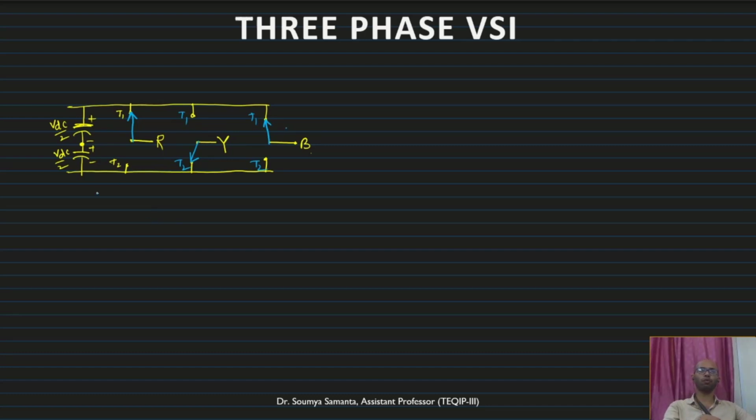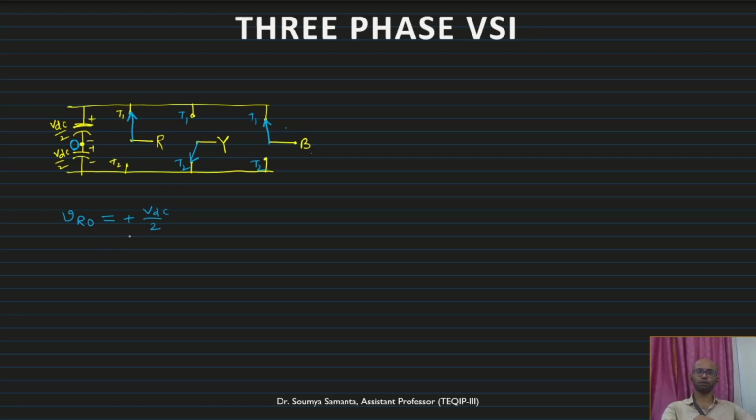So now let's suppose this one. What will the pole voltage be? This is the O point, what I have told is the analytical midpoint, the DC bus voltage midpoint, which is used for analysis purposes. Now what voltage will we get? VRO under this condition will be plus VDC by 2, because this is connected to the positive DC bus.